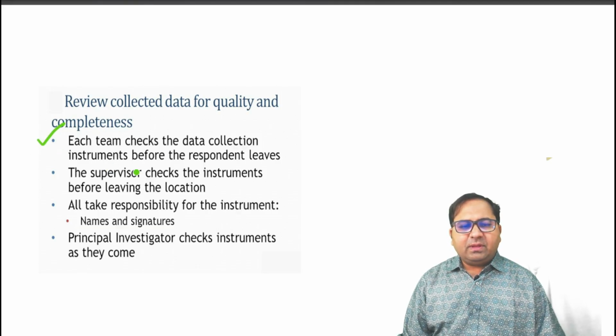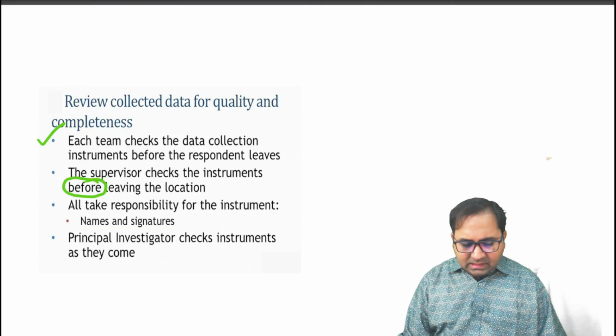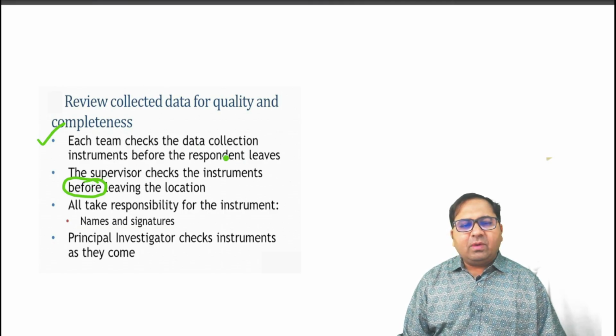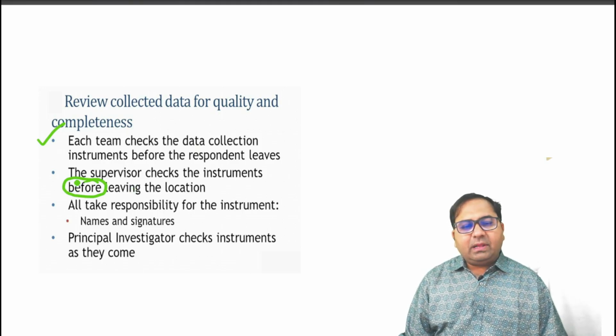Yes, this was the statement given. The supervisor checks the instruments before leaving the location. But in the options, what they gave was supervisors are checking the instruments as they come. So that was the answer, and that is not a step to review the collected data for quality and completeness.